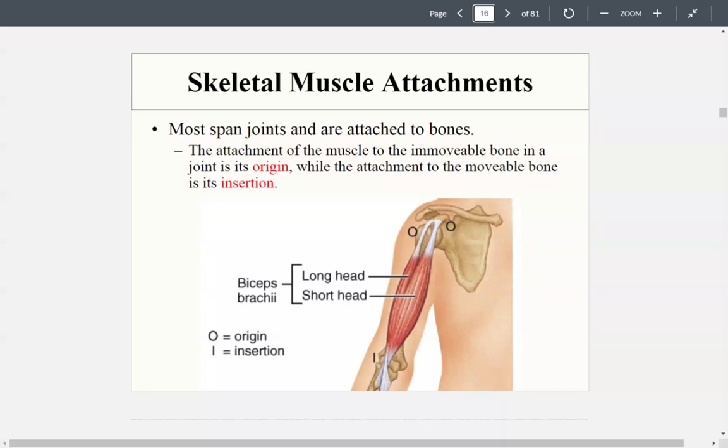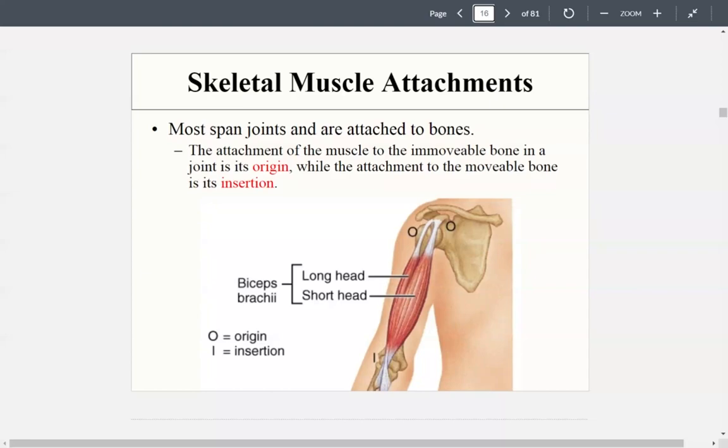What do I mean? Take a look at your leg. In theory, you're probably sitting right now. The quadriceps muscle extends through the patella. The patella is actually embedded in that tendon and attaches to the tibia on your shin.